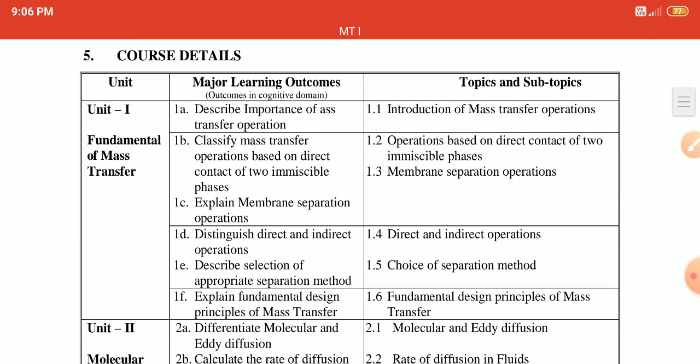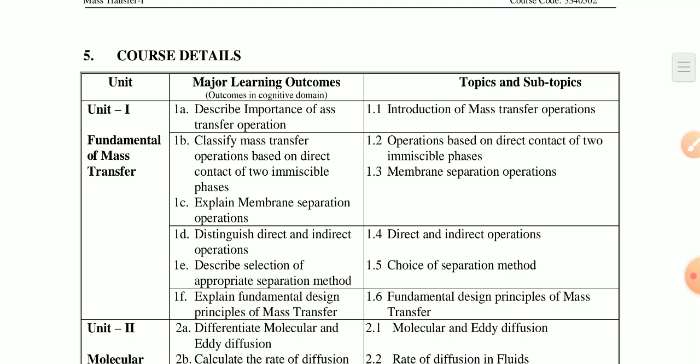Unit number 1, fundamentals of mass transfer. Here we describe the importance of mass transfer operations and the introduction to mass transfer operations on a simple basis, the definition of mass transfer. What is mass transfer? A mass transfer operation is simply the movement driven by the concentration gradient, a concentration difference, from higher concentration to lower concentration.